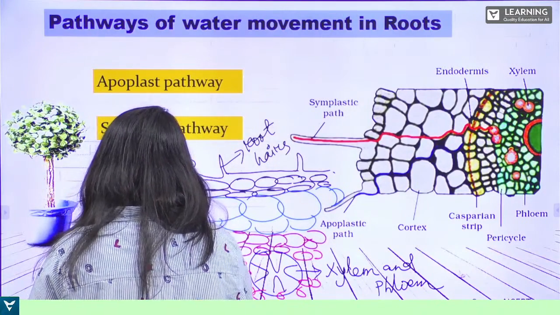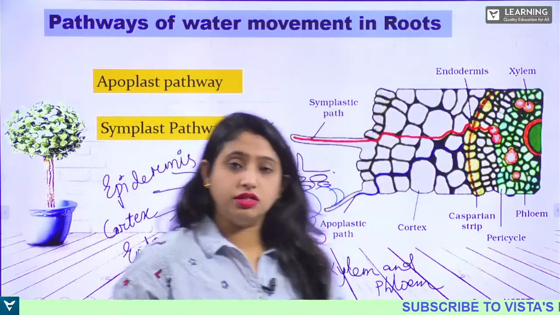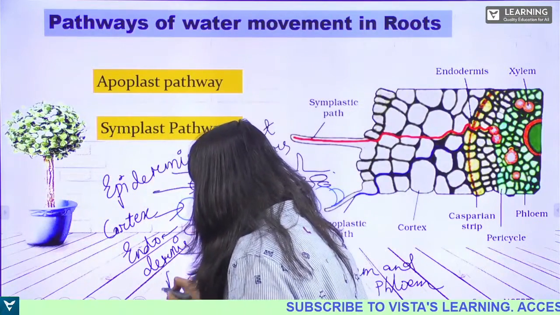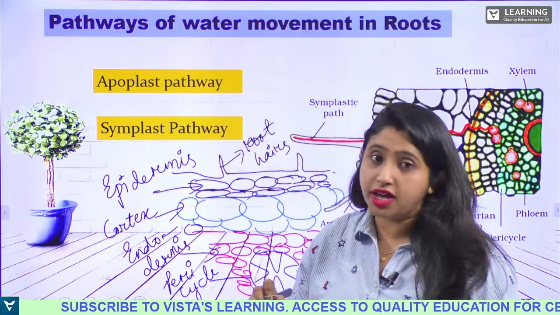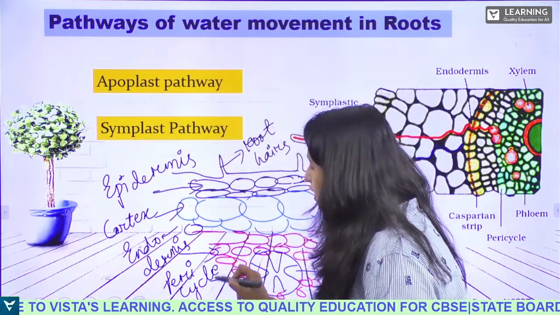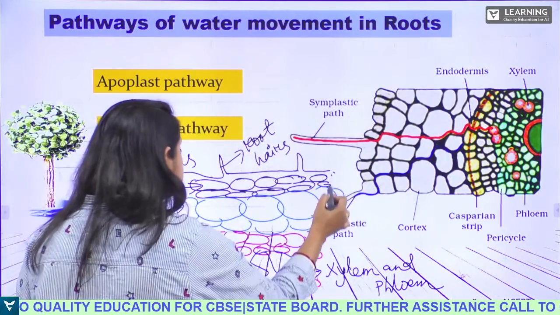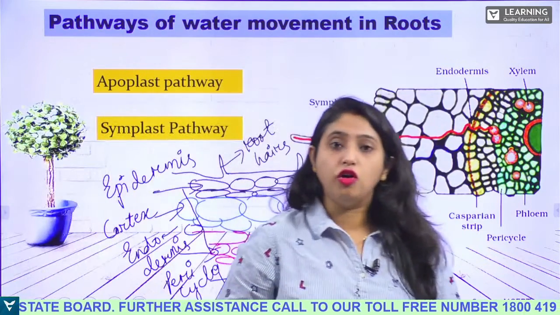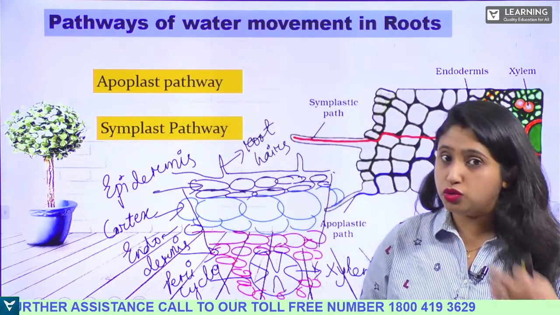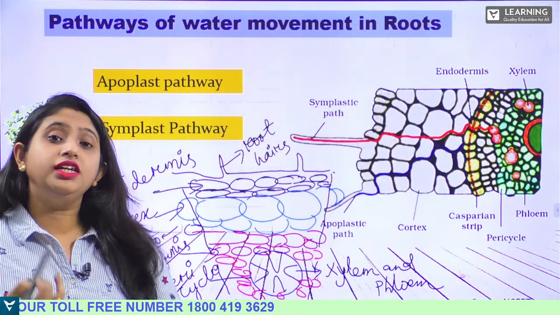This round one is the pericycle, and inside the pericycle are xylem and phloem, that is vascular tissues. So this structure you have studied. This is the TS of the roots, the internal structure of the roots.